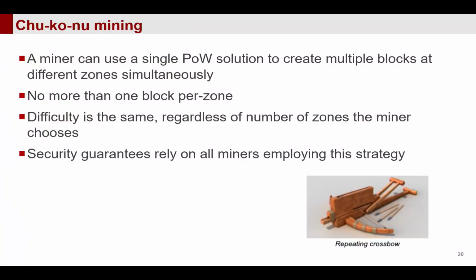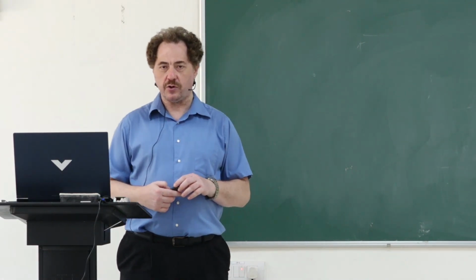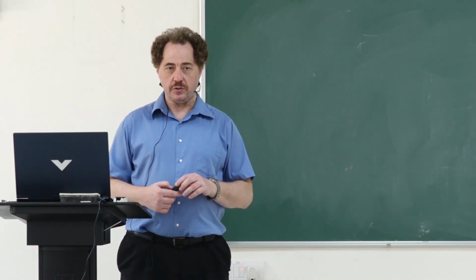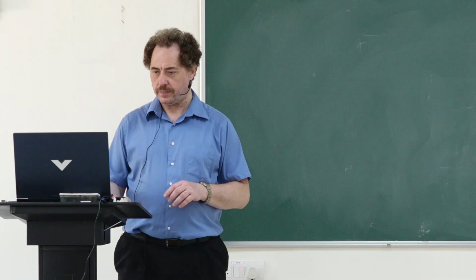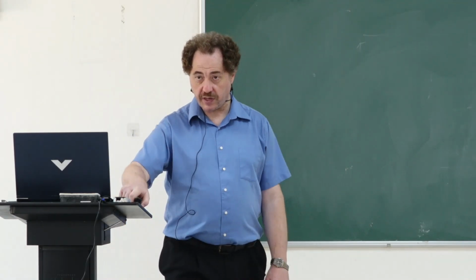There are also security guarantees which rely on all miners employing this strategy, so there is quite an interesting proof of security guarantees due to using Chu-ko-nu mining. Again, this is just a very high-level illustration of the typical techniques used in sharded blockchain systems. And this is the end of the second lecture today.